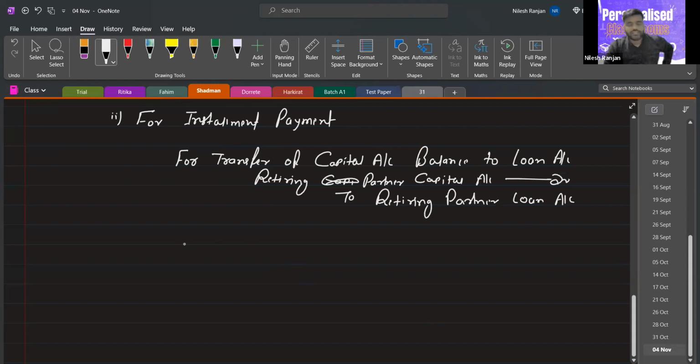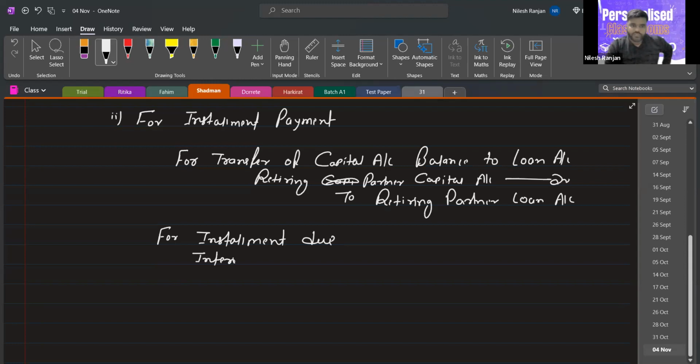Then at the time of every installment, first we have to pass this entry for installment due and for installment paid. For installment due, it will be interest on partner's loan account debit to partner's loan account.